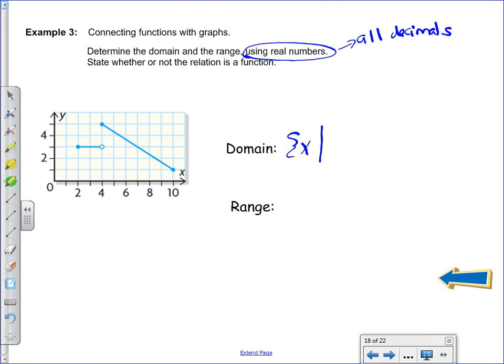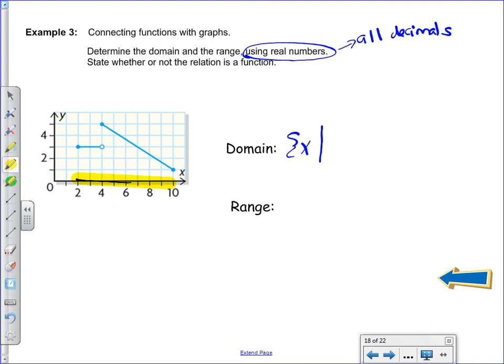So instead, because the line's connected, if I'm looking at my domain, it starts here and it ends right here. So those are all of my values in the domain, like 2.877777765. Instead of writing that out each time, there's a notation that we use.